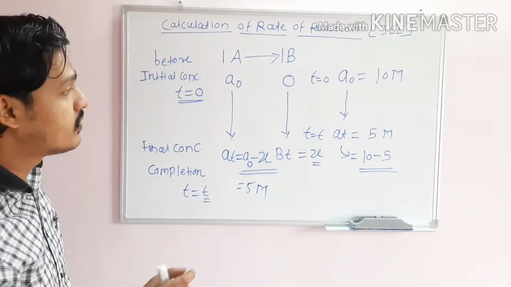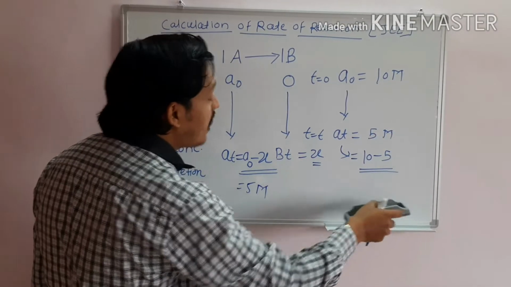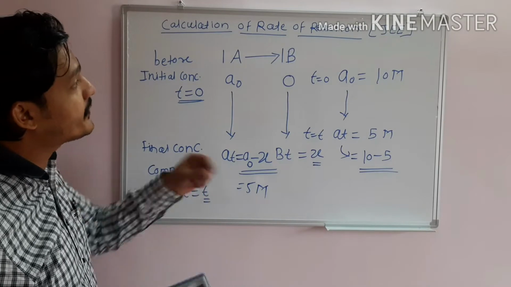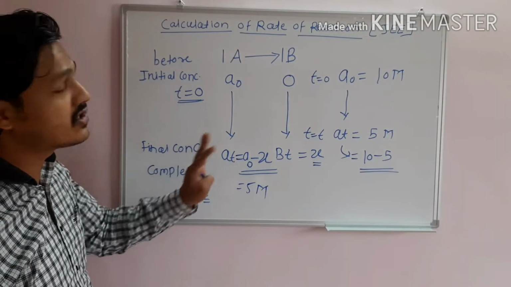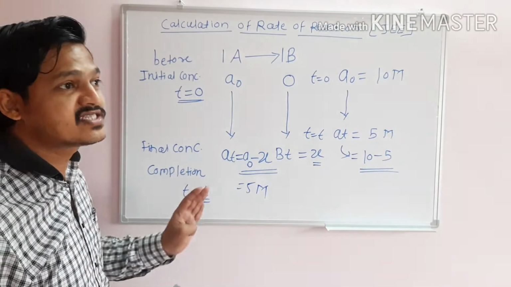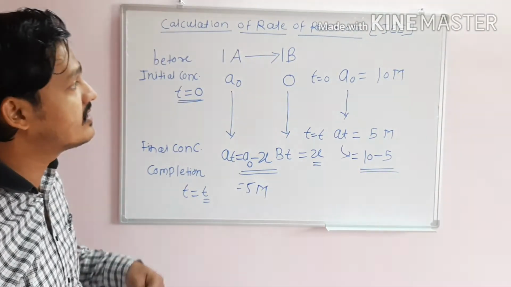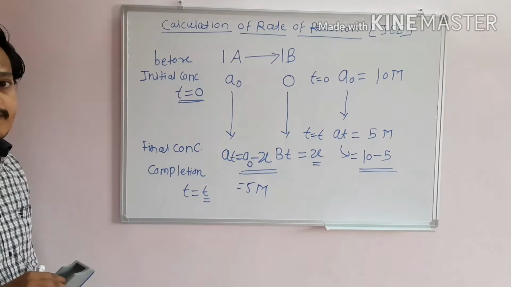Okay. Now I am going to write how to calculate rate of reaction. This is the basic data for calculation of rate of reaction. Please take a screenshot of this. I am taking another explanation for this.